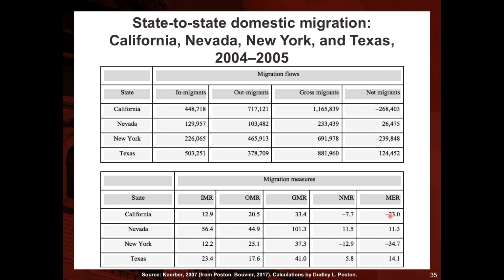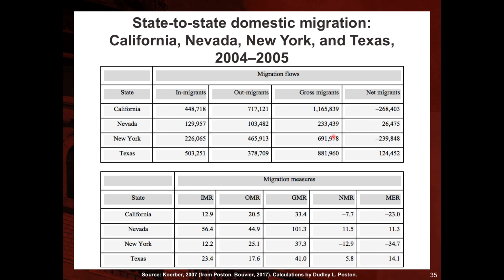So showing that California has been losing more people than gaining, and the same thing for New York. And so the efficiency here is negative in California and in New York, and positive in Nevada and Texas.